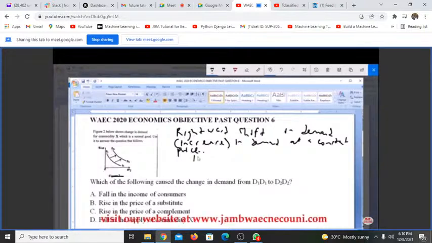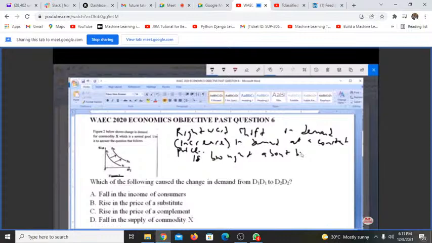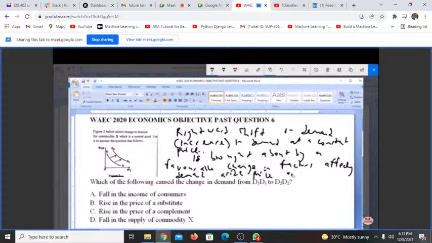Now in this case, the increase in demand is brought about by a favorable change in factors affecting demand aside from the price of the commodity.